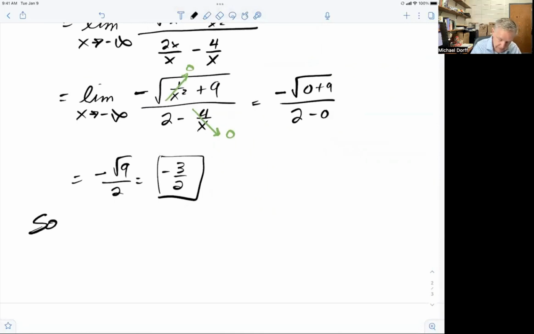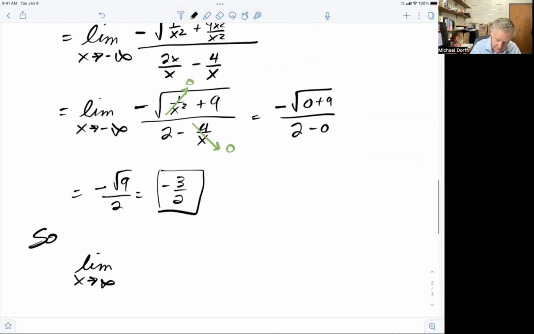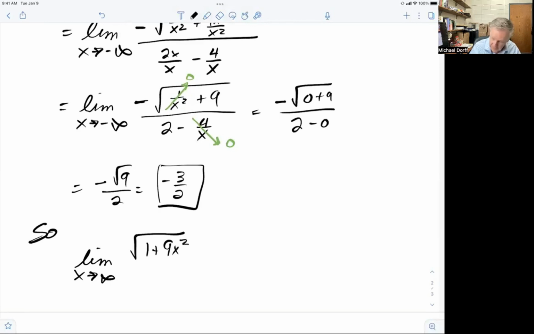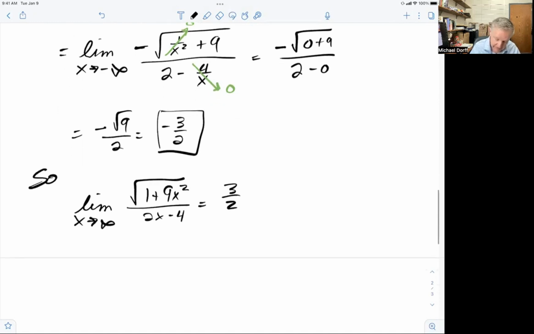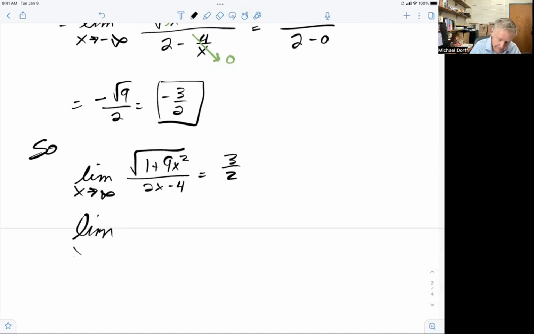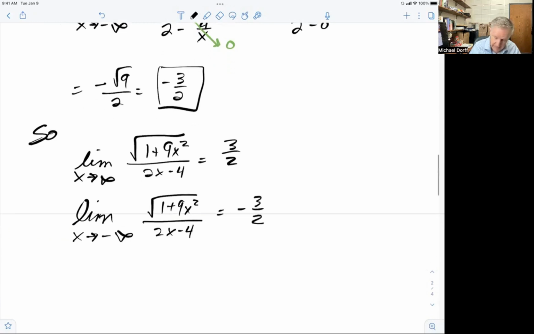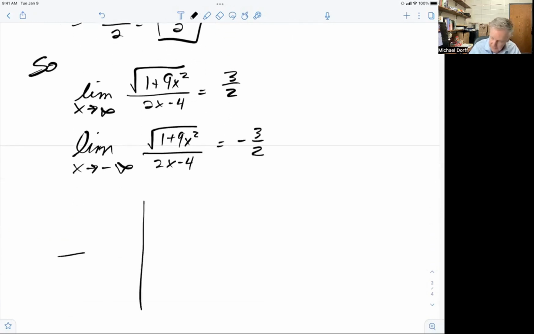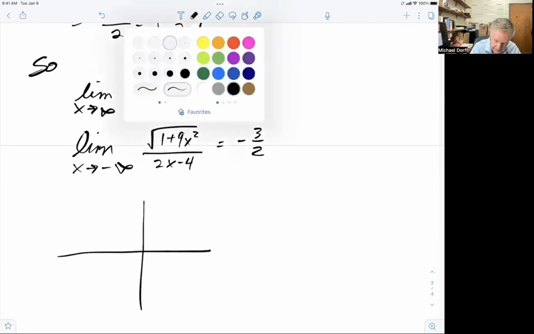So in summary here, the limit as x goes to positive infinity of the square root of 1 plus 9x squared over 2x minus 4 equals 3/2. But the limit as x goes to negative infinity of the square root of 1 plus 9x squared over 2x minus 4 equals negative 3/2.